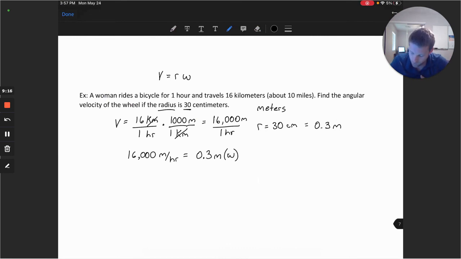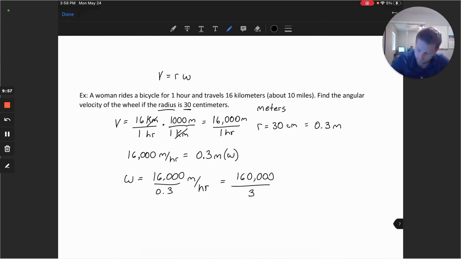If I solve for omega by dividing by 0.3, we can find that this is going to be 16,000 divided by 0.3 meters per hour. To clean this up a little bit, we can just write this as 160,000 over 3, just to keep it as an exact solution. This doesn't look like it divides evenly into 3, so we can just leave it as this.